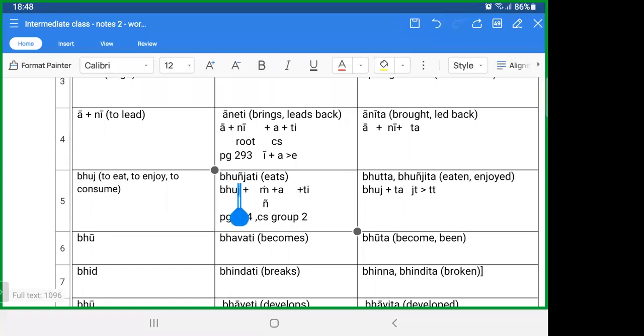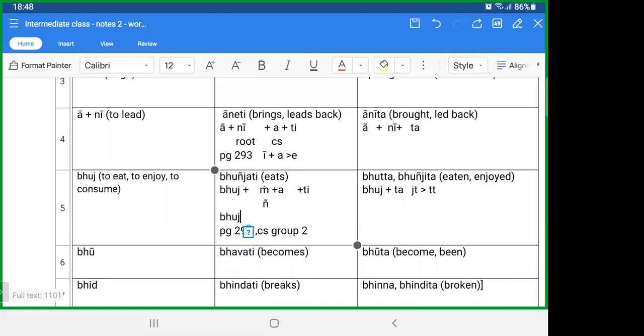So at first it will look like boot plus this Nya. Okay, then these two change place. Okay, it changed to nya and ja here, right?